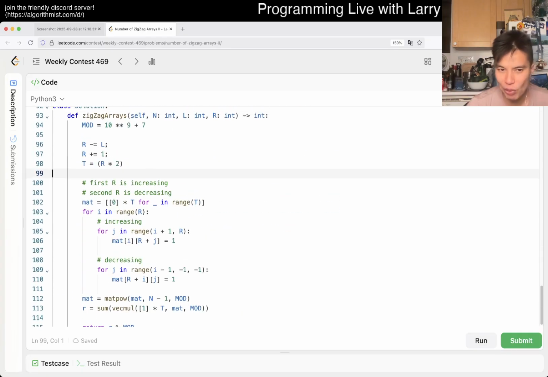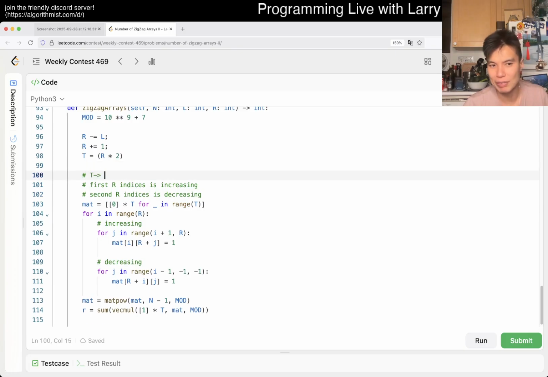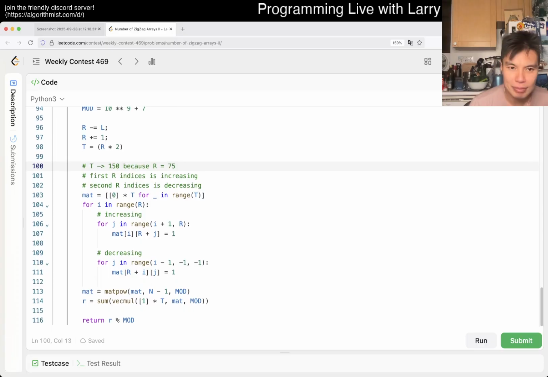So the first R numbers are increasing, and then the second R numbers are decreasing. So we set up a matrix from T to T, and keep in mind that T is equal to 150, right? Because R is equal to 75. So yeah, 150 squared.